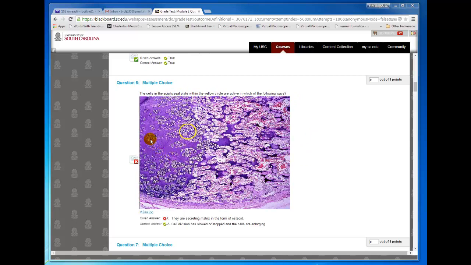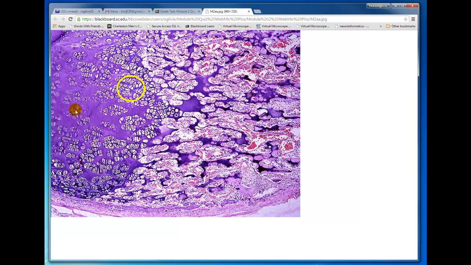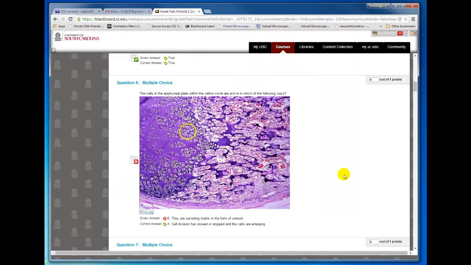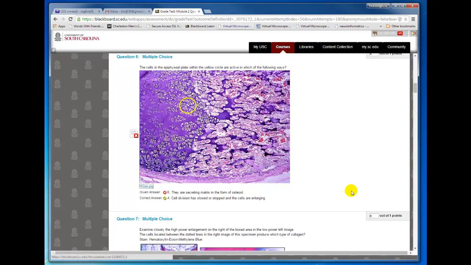Over here on the left, the cells are all lined up and they're rather small, and if you needed to look at that closer, then you could do this. But you see these cells are getting larger, and over here you've got cartilage that has been deposited to begin to calcify. So going back to the lower magnification, the best answer was cell division has slowed or stopped and the cells are enlarging.